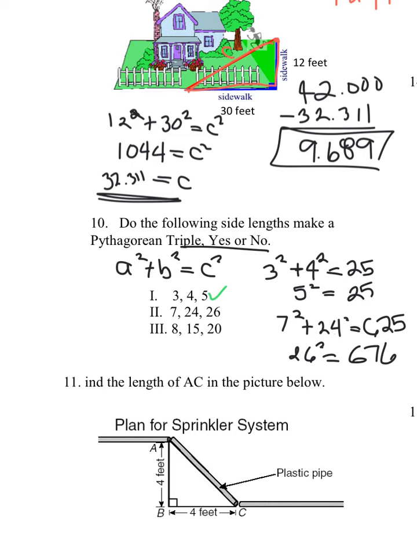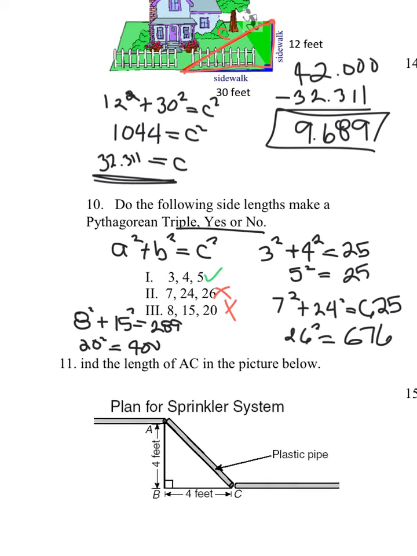Not the same number, so that's a no. Okay? Last one, 8 squared plus 15 squared is 289. 20 squared is 400. Again, not a match. So Pythagorean triples, does a squared plus b squared equal c squared? It's a yes or no. Yes if they equal, no if they don't.